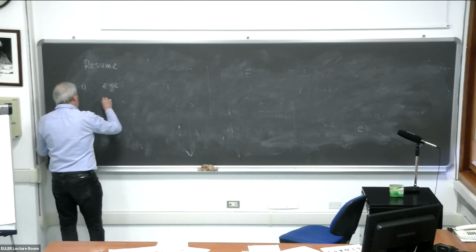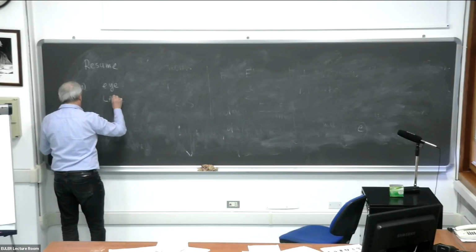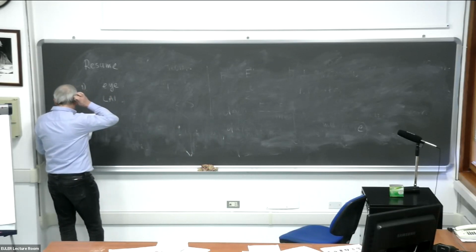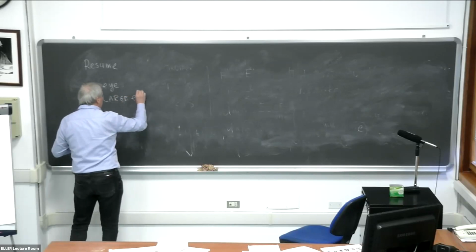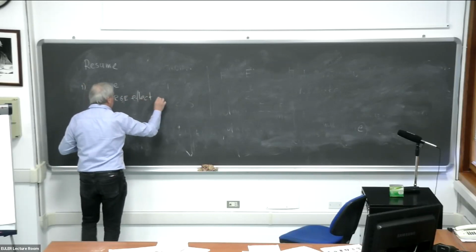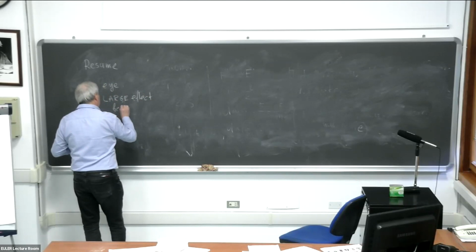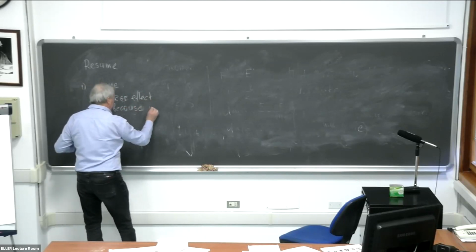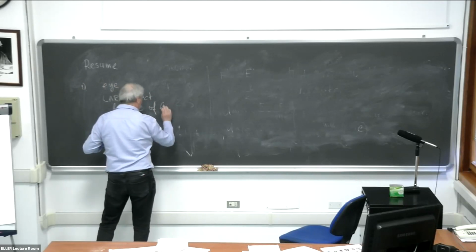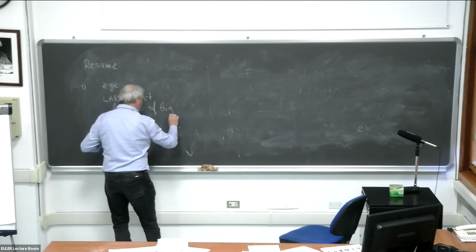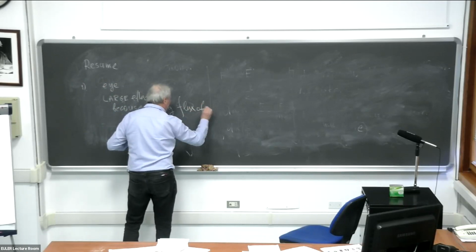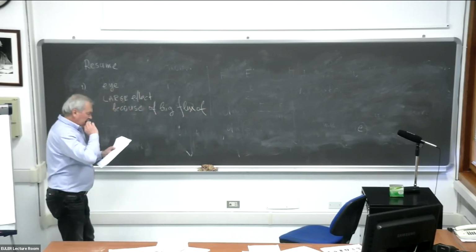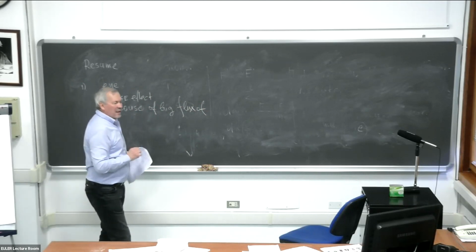We have a large, observable effect because of the big flux of electrons. We would not see the effect of a single electron by eye.